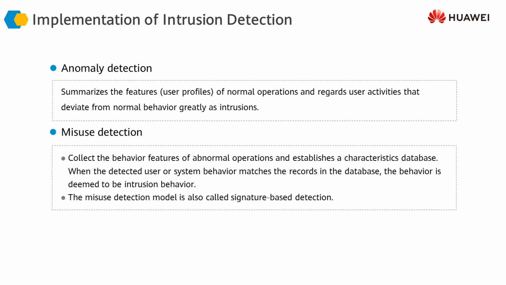So using anomaly detection, we can detect attacks for which we do not have a previous signature available, because this is more intelligent, more sophisticated, and is based on user profiles or normal user behaviors, and if there is any deviation from that behavior, this is most probably an attack.